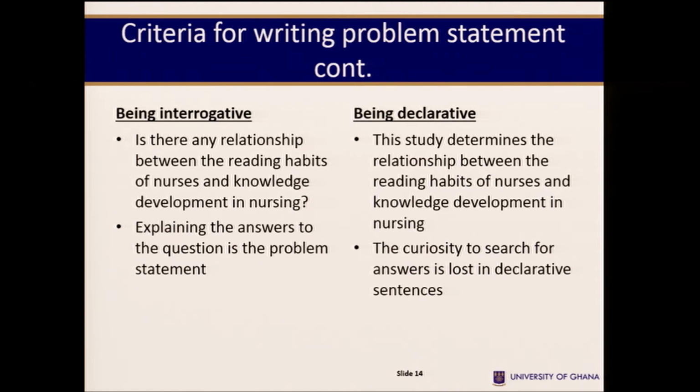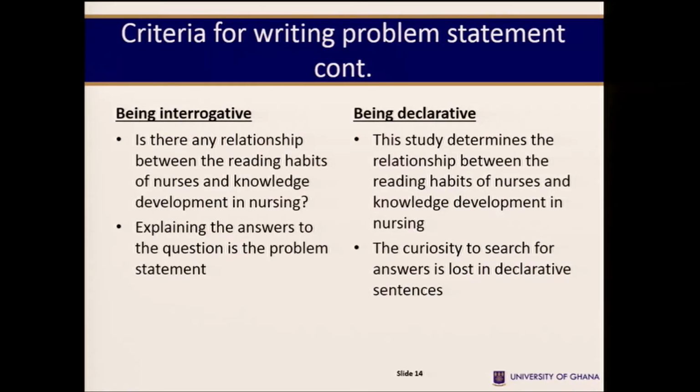You don't have an answer and you want answers to this. Being declarative means you write it in the following way: this study determines the relationship between the reading habits of nurses and knowledge development in nursing, which means that you are already saying that there's a relationship between the two.